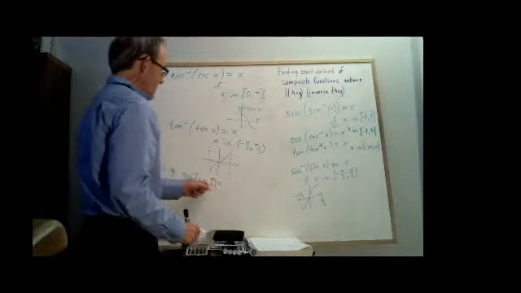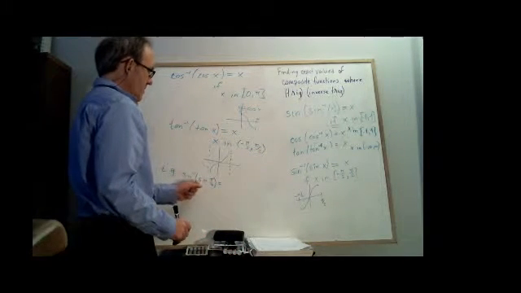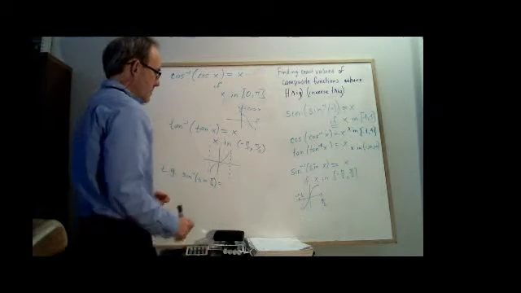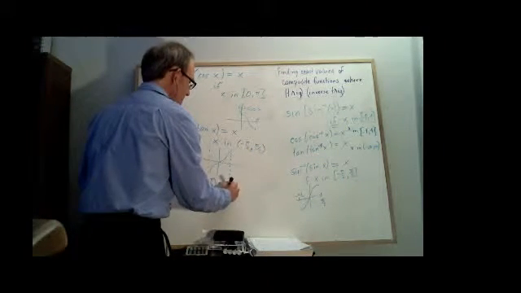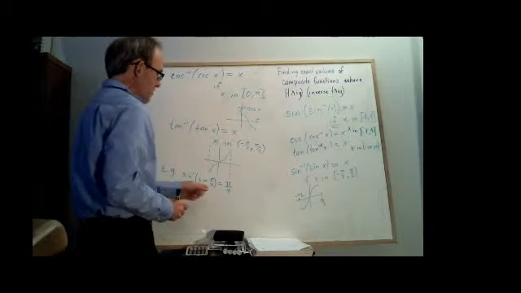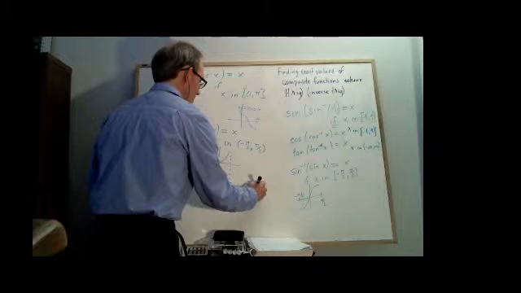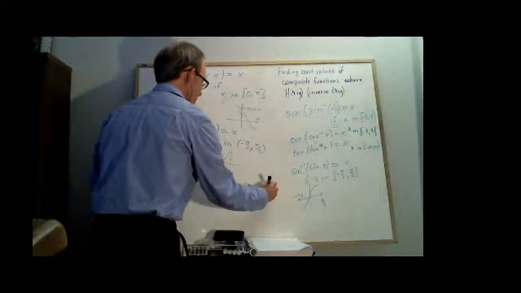You're starting with an angle, taking the sine of it, getting a real number. Then you take the inverse sine of that, and you get back the angle. So it's the same as what you put in, because this is in that domain.